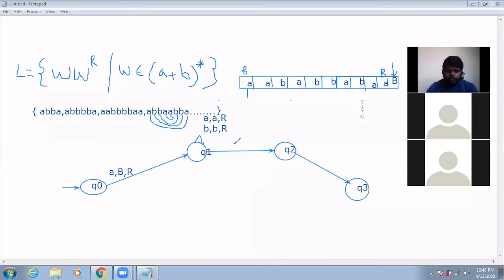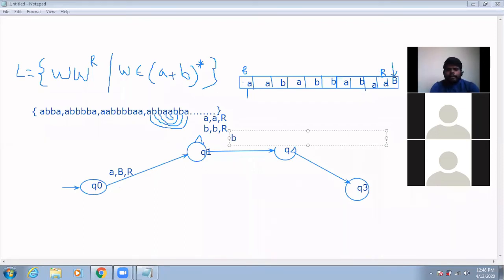Here my intention is, don't worry, it is very easy, only the construction is taking time. Here I am making A a blank. On blank, you write blank and first come to the left hand side.